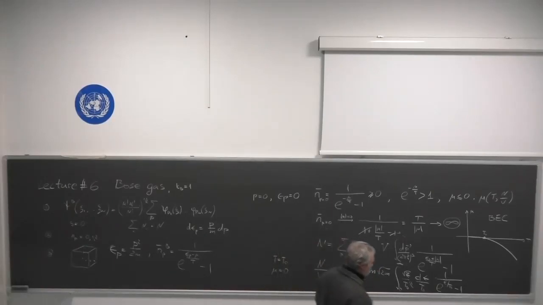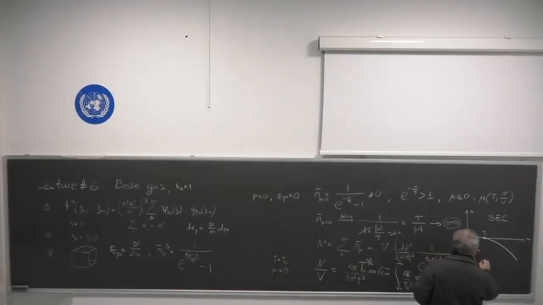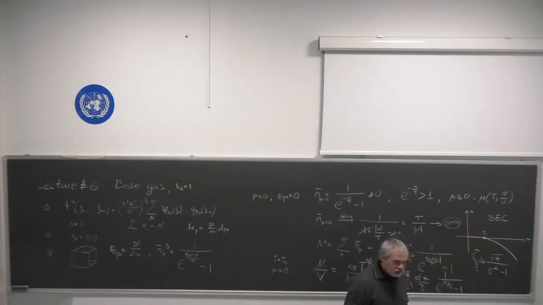So the rest, namely the integral from 0 to infinity, dz square root of z divided by e to the power z minus 1, is a constant. It's expressed in terms of Bernoulli numbers, but I'm not going to calculate this integral. This is just a number.